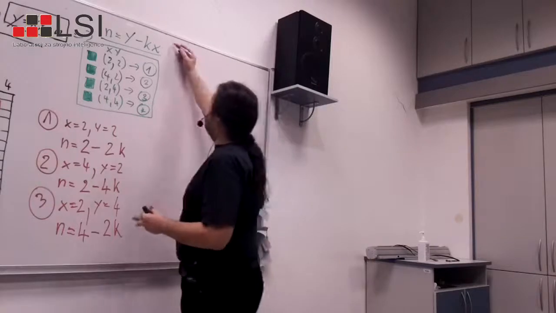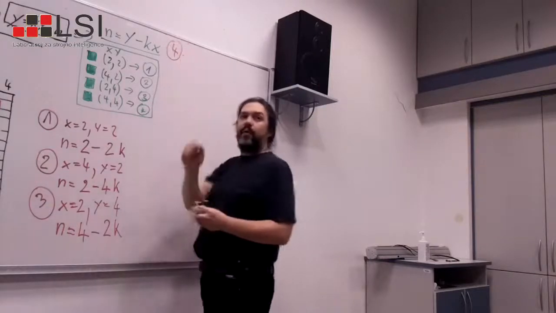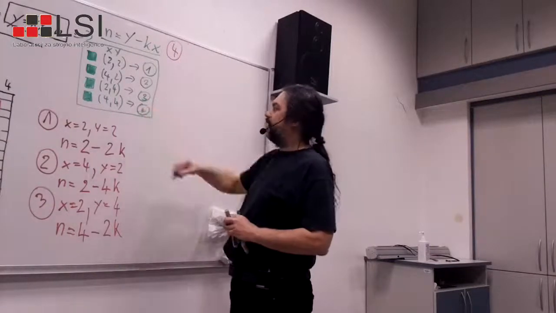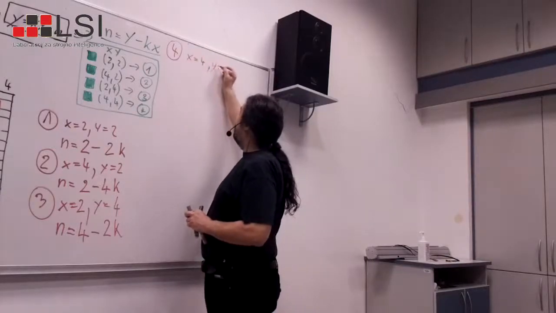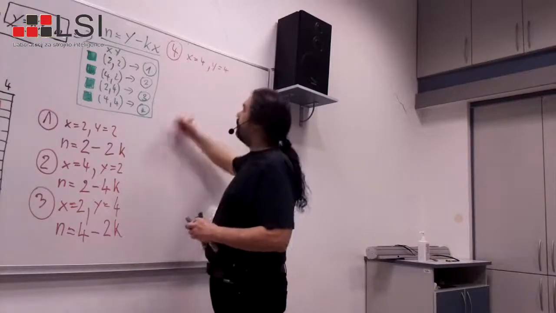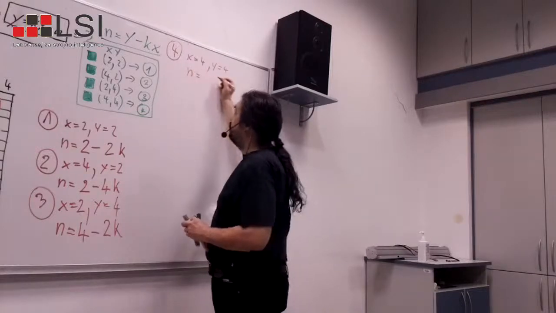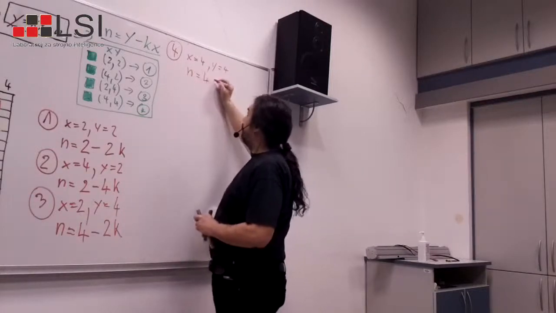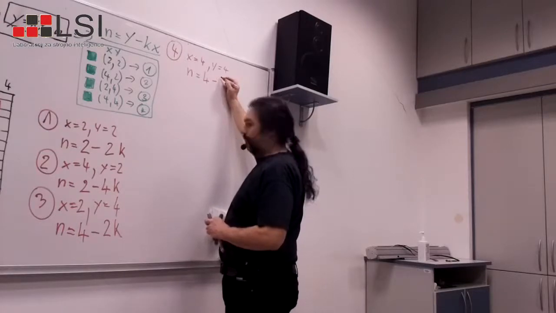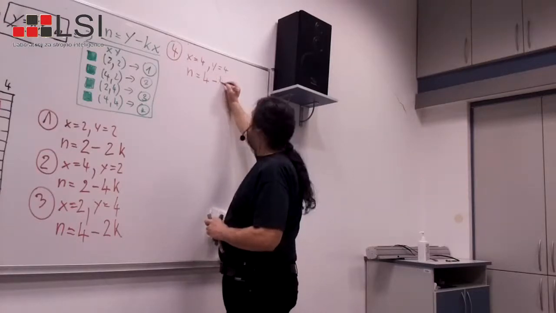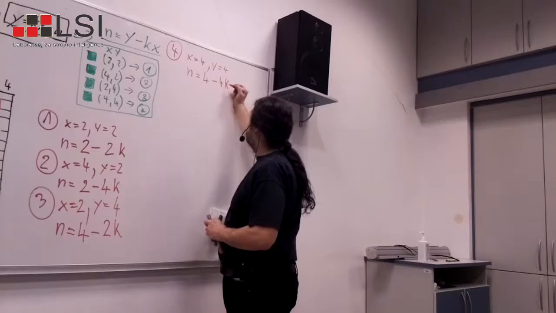So I will put it there, and this is something that will stay on. So for the number 4, we have here x is 4, y is also 4, and our equation becomes n is 4 minus 4k. Okay?